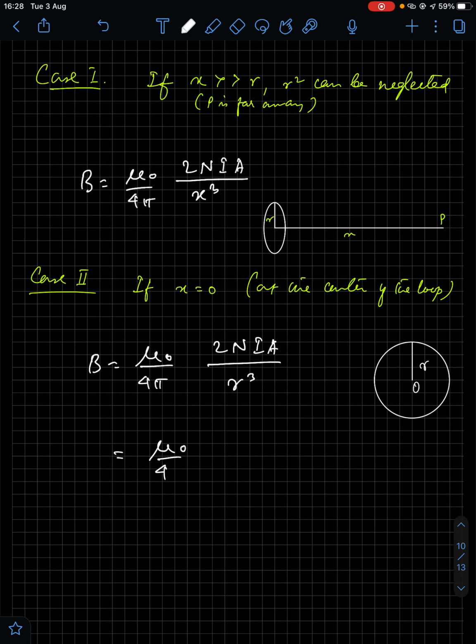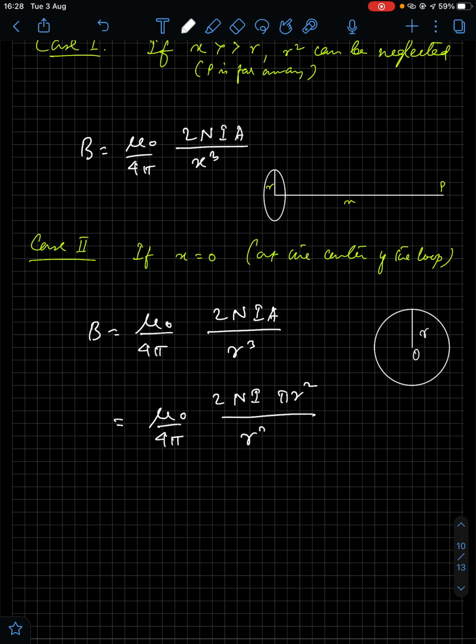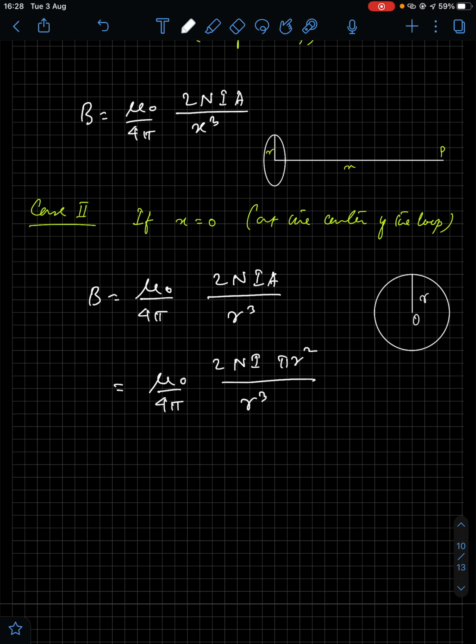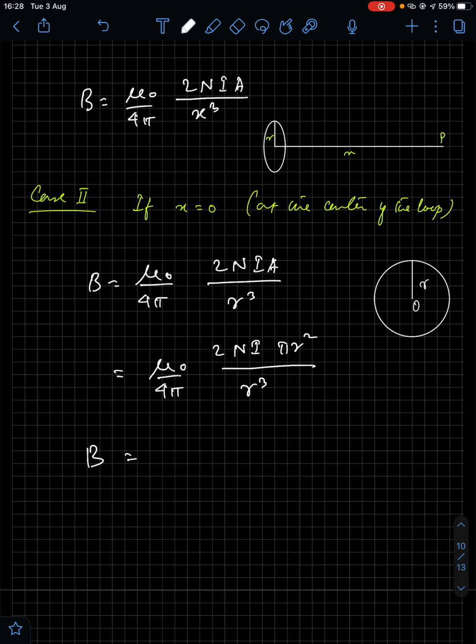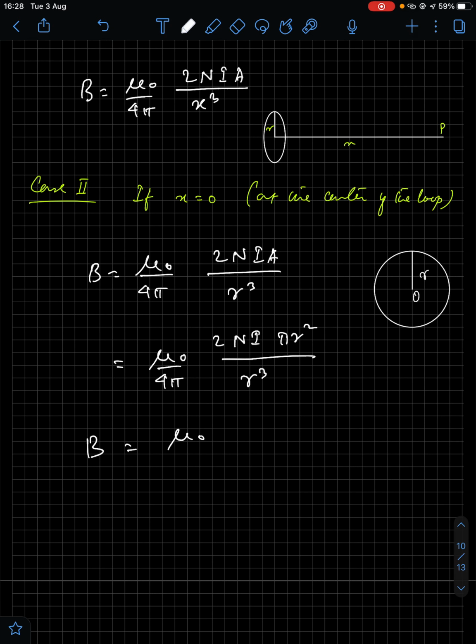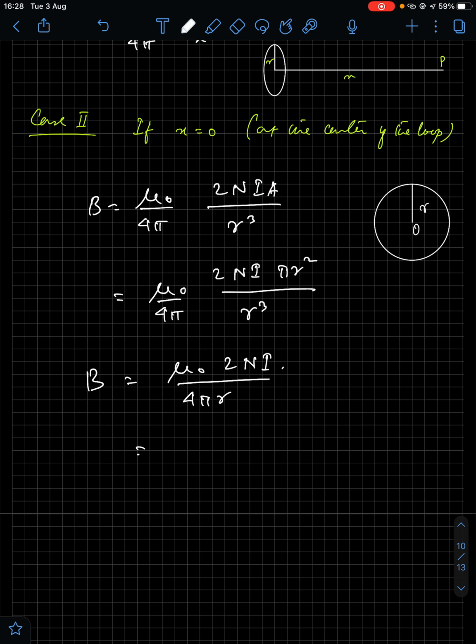Now what was the value of A? Value of A was pi r square, isn't it? So 2NIA, that is pi r square, divided by r cube. After cancellation, what do you get? B equal to mu naught, 2 and 4 you can cancel, 2NI divided by 4 pi r.